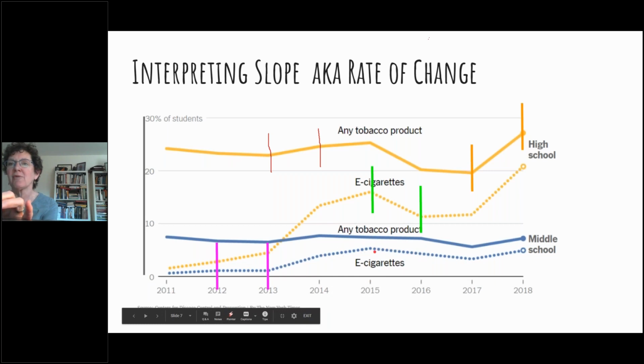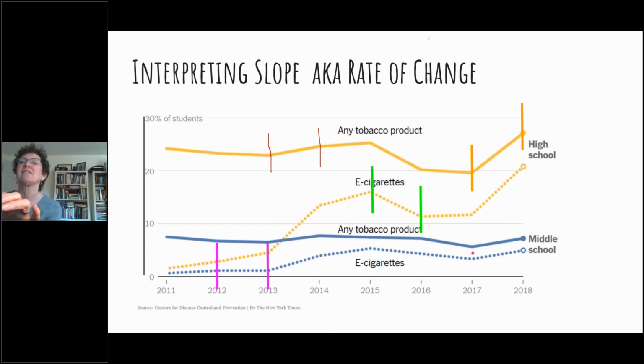You said e-cigarettes from middle school, so I knew you were talking about this dotted line here. Perfect. And then we could say from 2015 to 2017, it looks like it decreased. Is that maybe 15% down to 14%? Not as steep a decrease as in 1 year, 5%. Perfect.